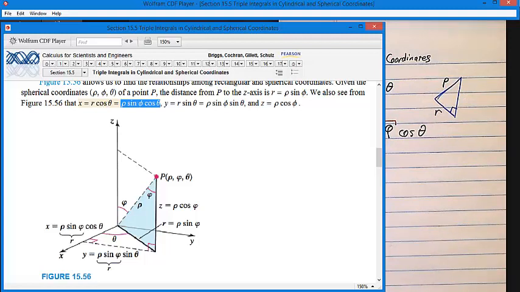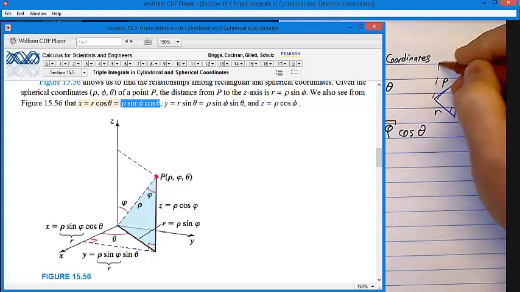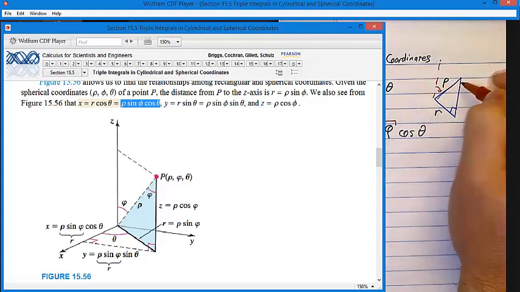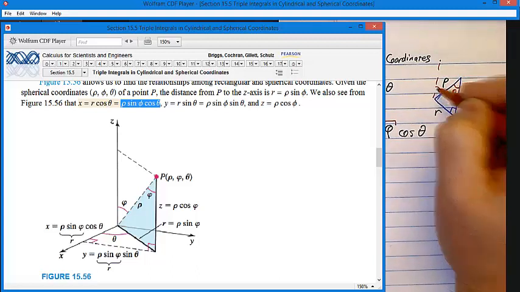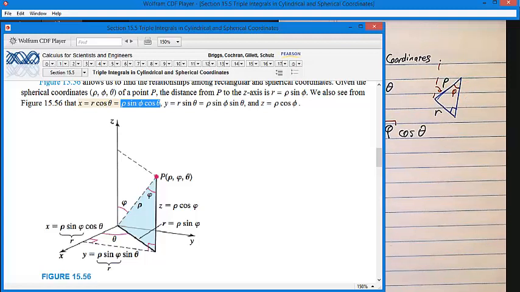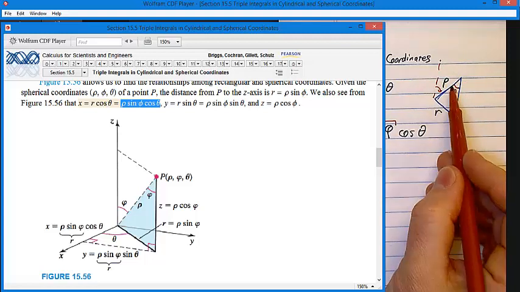And then, what's phi? Phi is the distance from the north, it's angled down from the North Pole. Well, they claim that this phi is congruent to that phi. Can you tell me why that's true? Why is this angle in the blue triangle equal to phi?